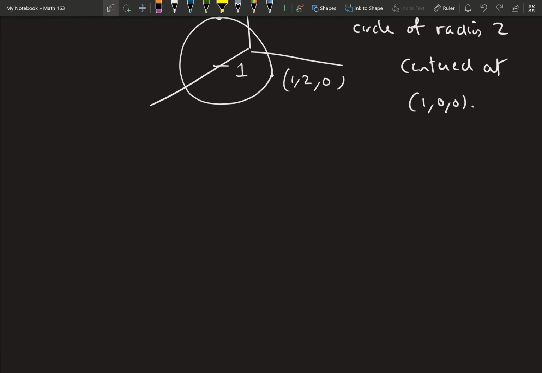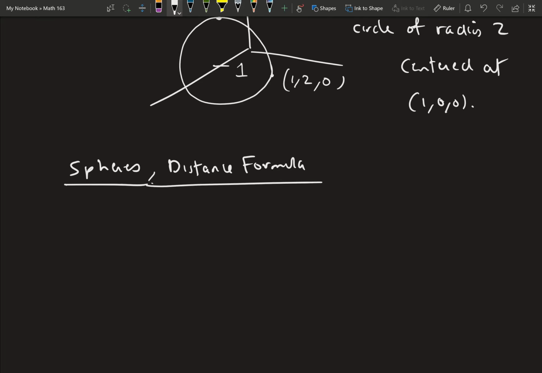Okay, so those are some examples of some surfaces. There'll be more to come a little later on. Let's talk a little bit about spheres and the distance formula. So the distance formula in R2 hopefully is something to recall.